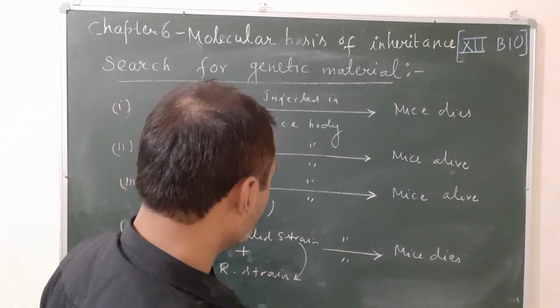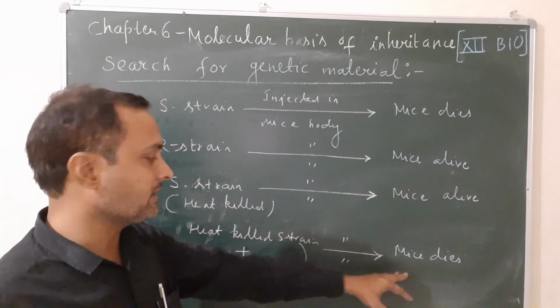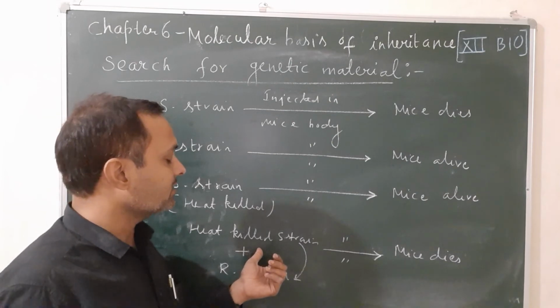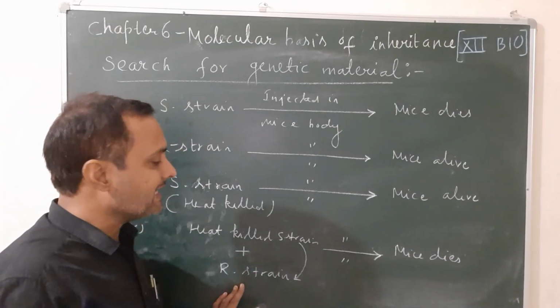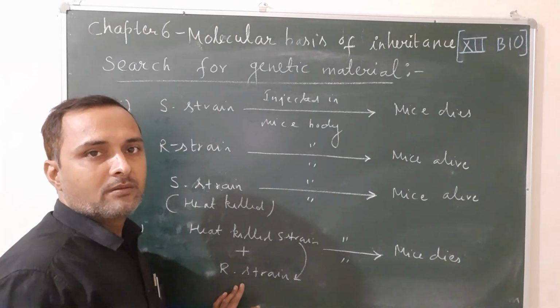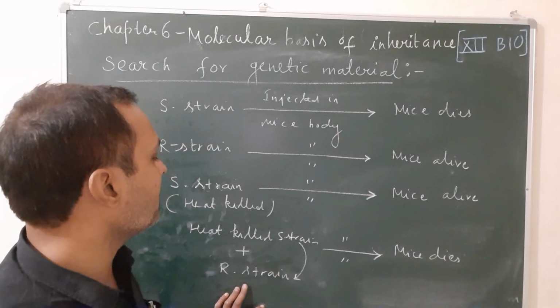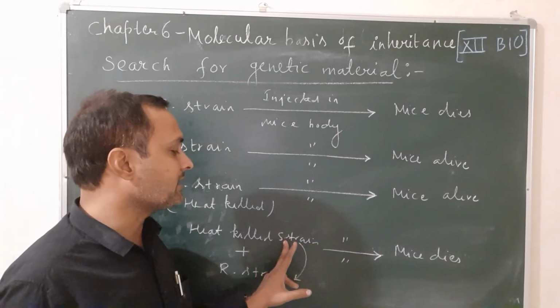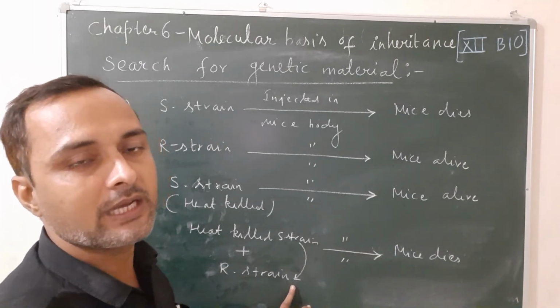But in the fourth step, he took the mixture of heat-killed S strain and R strain, and he found that S strain was isolated from the mice body because some of the R strain had converted into S strain. The reason was that some chemical substance transferred from the heat-killed S strain into the R strain, and the R strain behaved as S strain.